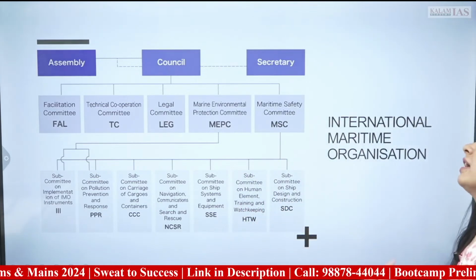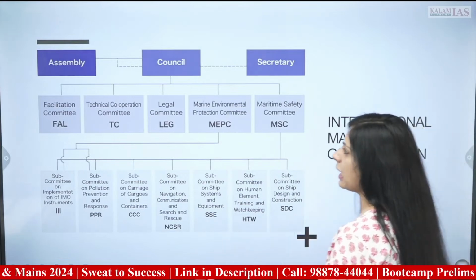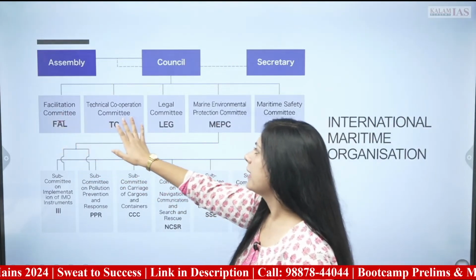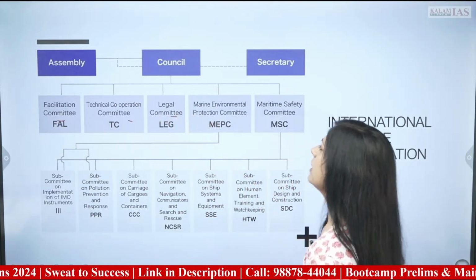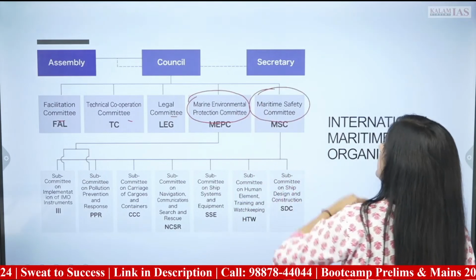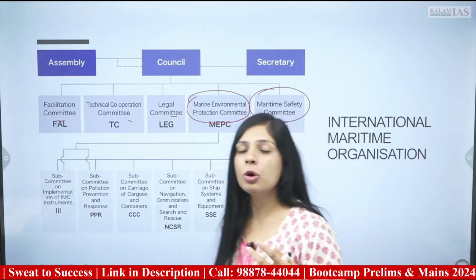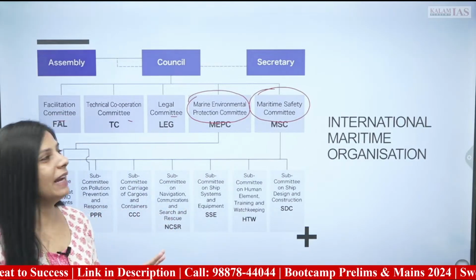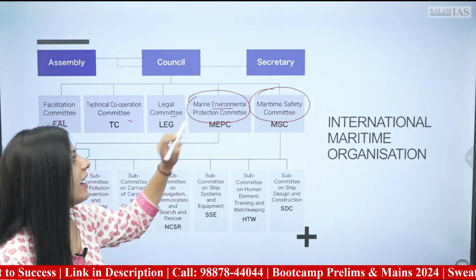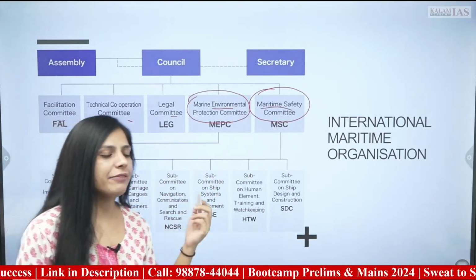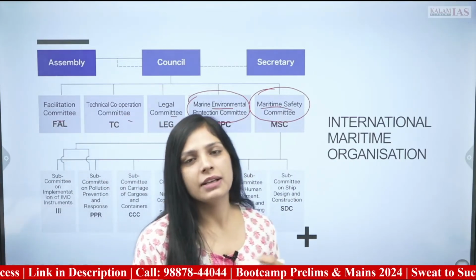So in IMO, we have 5 important councils: the Facilitation Committee, Technical Cooperation, Legal Committee, Marine Environmental Protection Committee, and Maritime Safety Committee. So if you know that these are 2 important committees within IMO, which is focusing on environmental protection and maritime safety as well, you could have used these in examples, right?